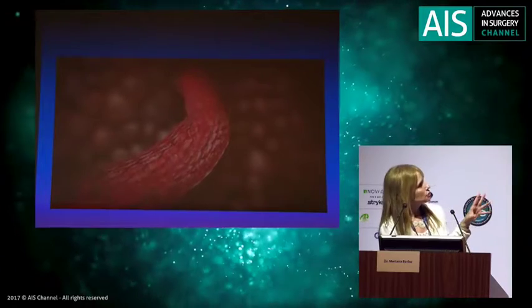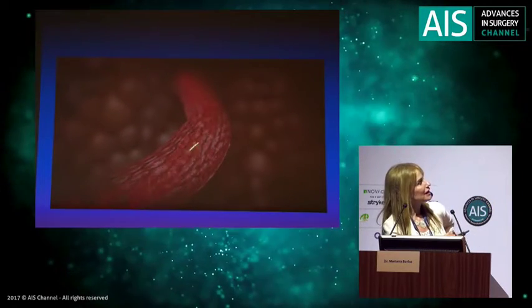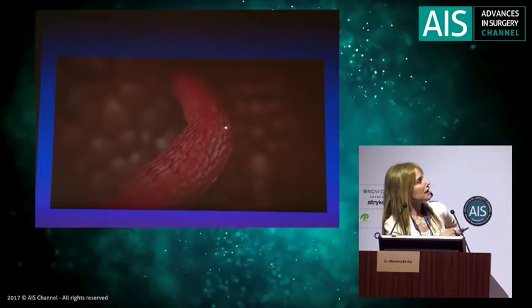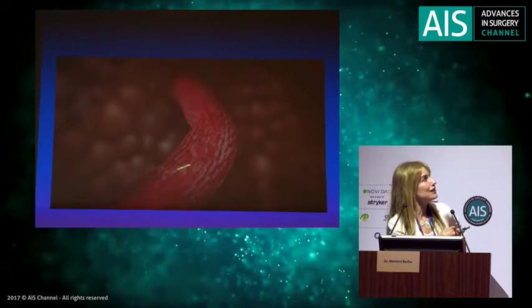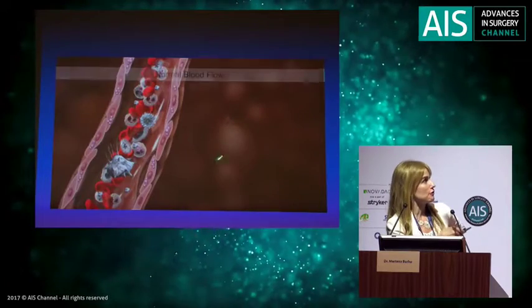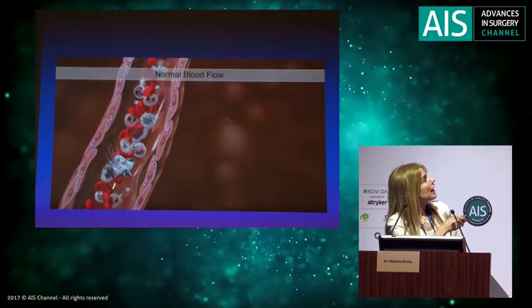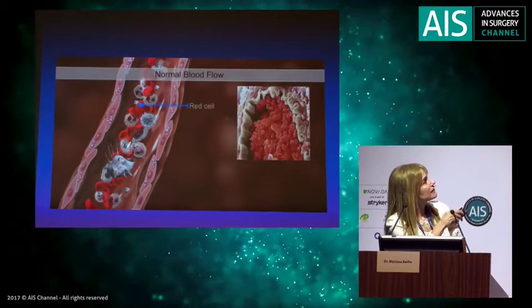The first thing we need to remember is that in the normal state, the blood cells circulate in the center of the blood vessel. They do not touch the walls of the blood vessel. So we have all the blood elements in the center.